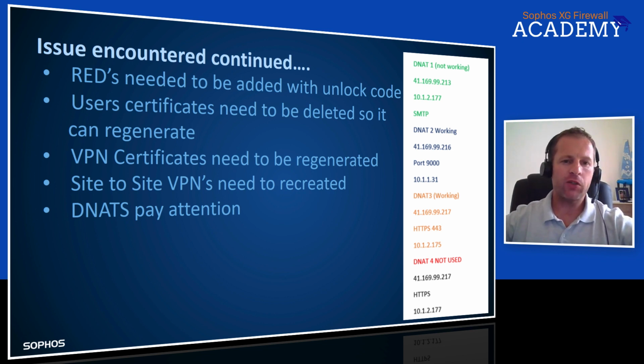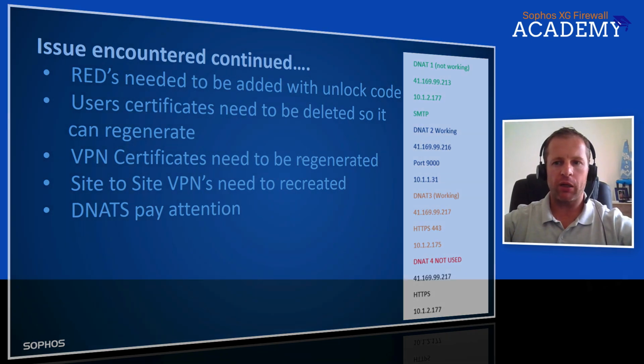The users were propagated via the migration tool, and we had to delete all the old certificates so that the XG can reissue a VPN certificate for the user for it to work. We also had to reissue the VPN clients for the users. So the users that were using VPN clients, we had to regenerate those and reinstall that VPN client.